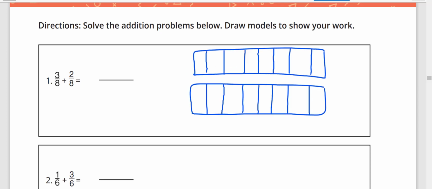First fraction 3/8. I shade 3 parts of the first model, and the second model, shade 2 parts because the number in the numerator is 2.